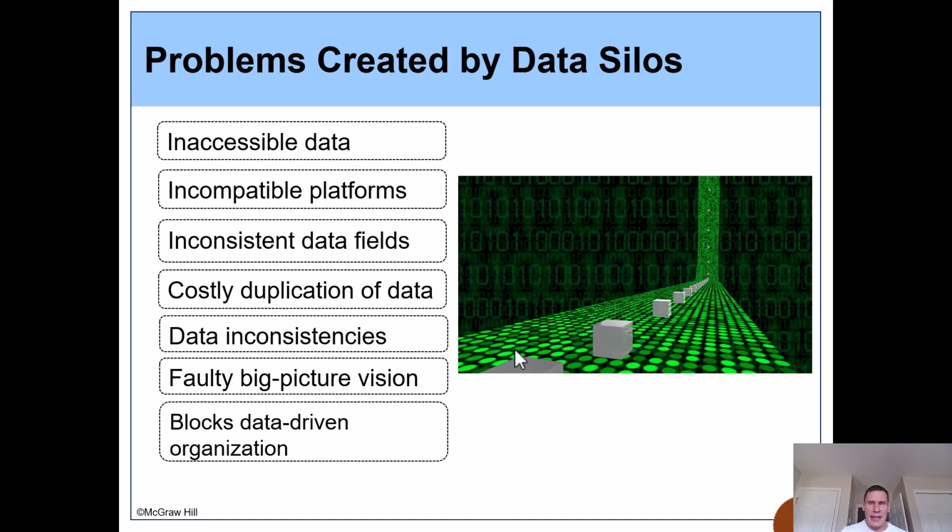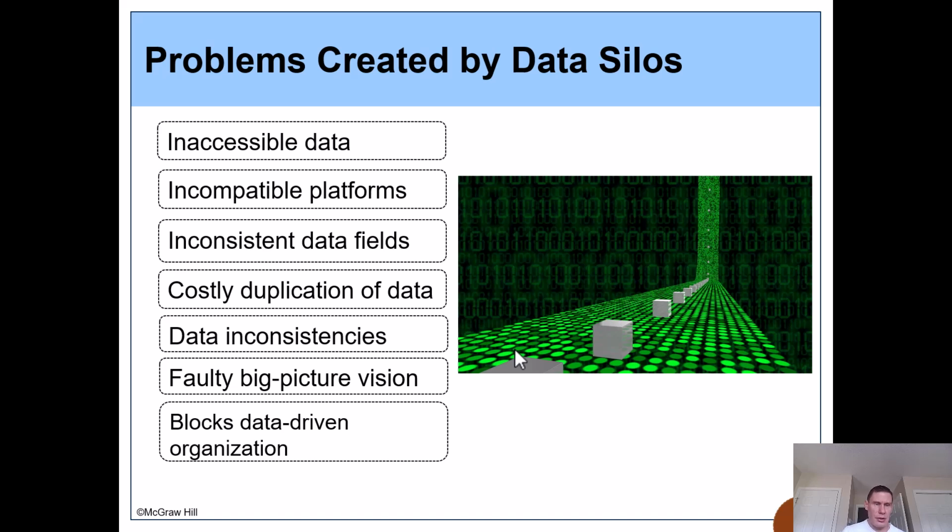So, problems created by data silos. Think of data silos as companies where maybe Department A isn't sharing data with Department B, or Segment A isn't sharing with Segment B. It sounds silly, but it does happen. And these are some of the problems it can cause, right? Inaccessible data, incompatible platforms. System A doesn't know what System B is doing, so perhaps there's duplication of effort.